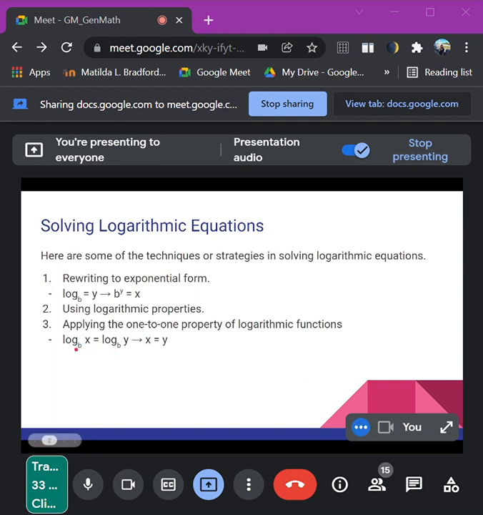So you have the same base. That is equivalent to x equals y, meaning your log cancels out. This is what we call the one-to-one property of logarithmic functions. Now let's proceed with number 4.